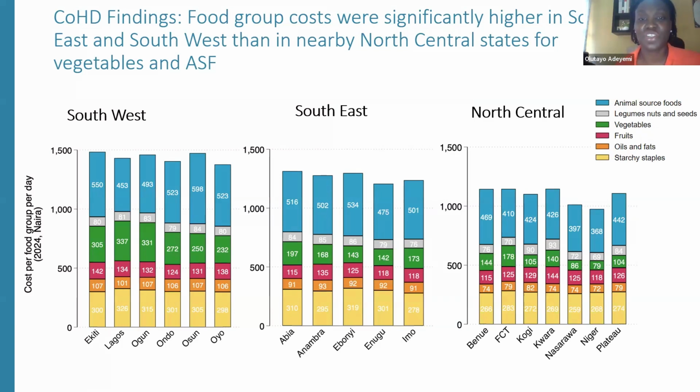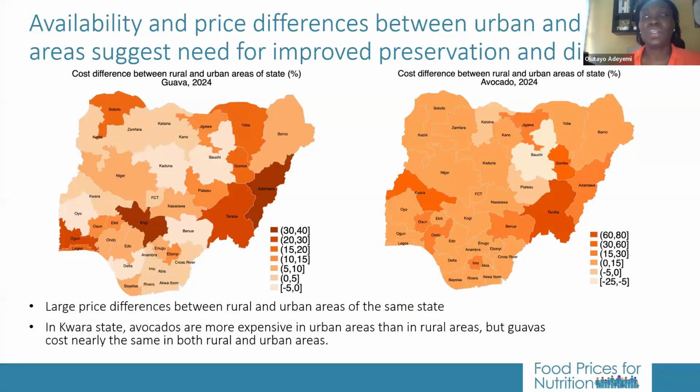So some states are very cheap and in some states they are more expensive. And so using this data, looking at where items are cheaper and where items are more expensive, provides some indication of how we might want to change either agricultural policy or trade policy, so distribution.